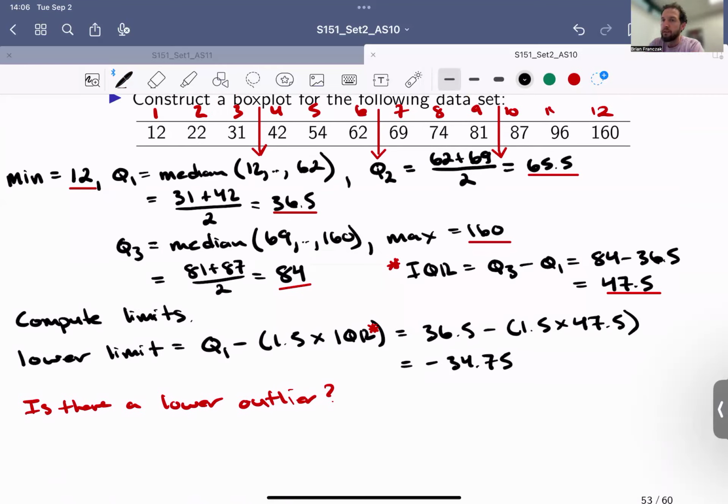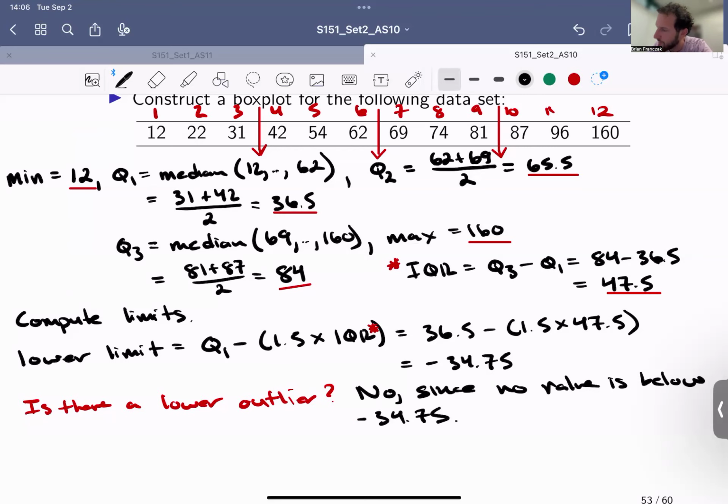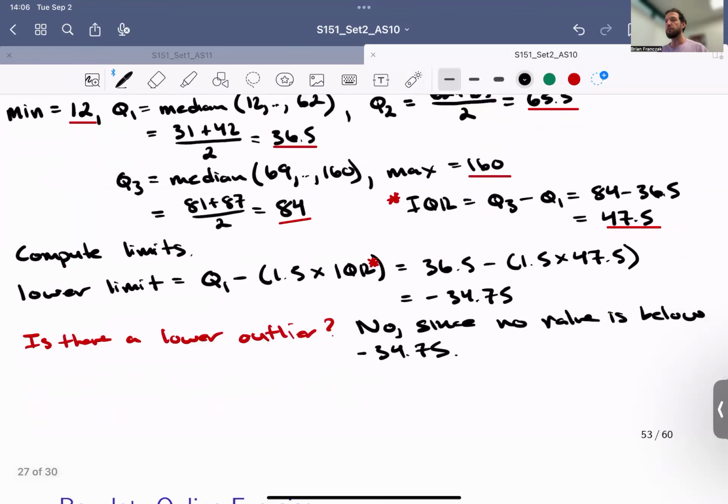So our lower limit is at negative 34.75. Our smallest value is 12. 12 is bigger than negative 34.75. So therefore, we would say no, since no value is below negative 34.75. Okay, so that's how we use the limit rules within box plot construction.